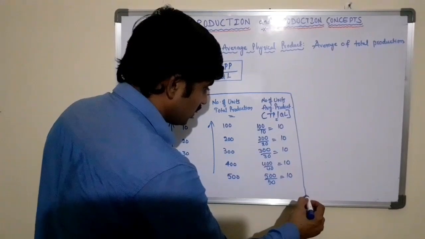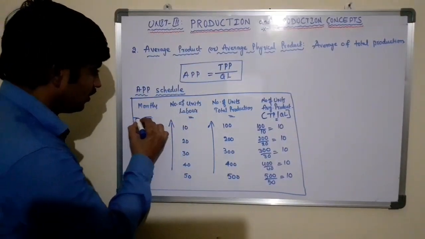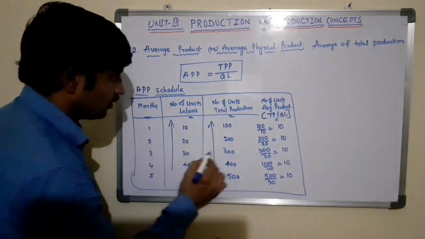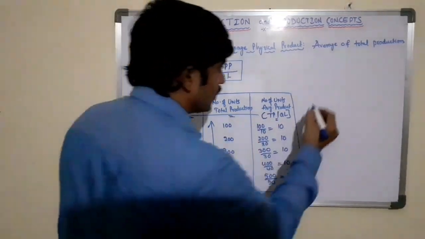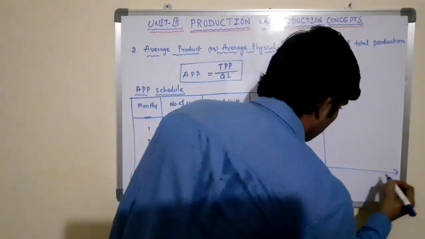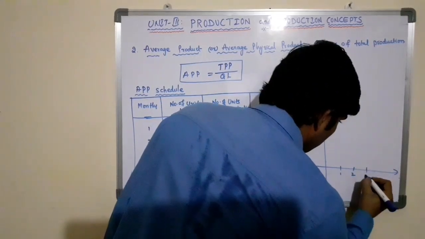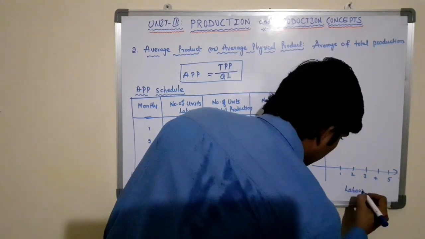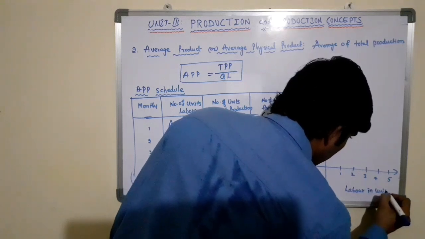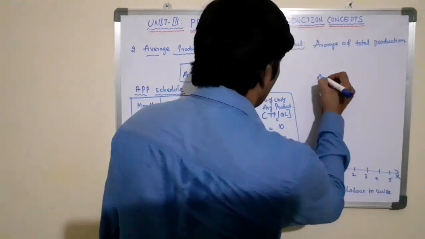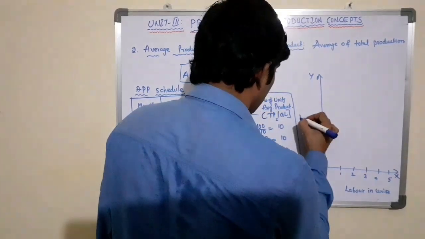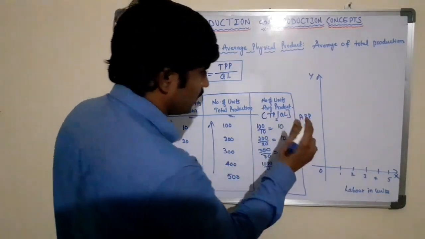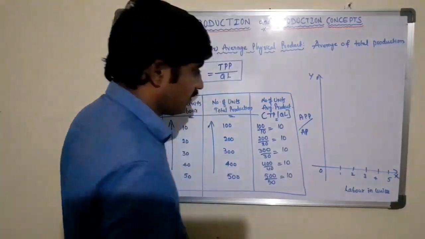This is the APP, that is, the average production schedule. The same we will see on the graph, how the curve will flow. Here on the x-axis we will take labor in units, and on the y-axis we take average physical product, or average production.